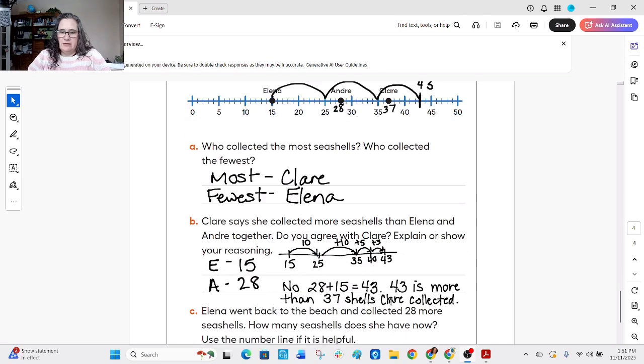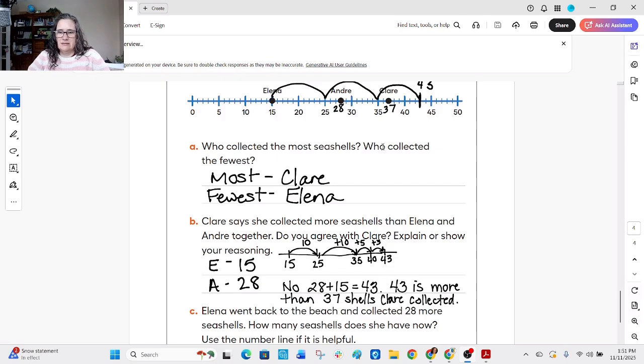In B, Claire says she collected more seashells than Elena and Andre together. So do you agree with Claire? Explain or show your reasoning. So when I take Elena's 15 plus Andre's 28, I did it on a number line here and said I went from 15 to 25, 25 to 35, and then 35 to 40, and 40 to 43.